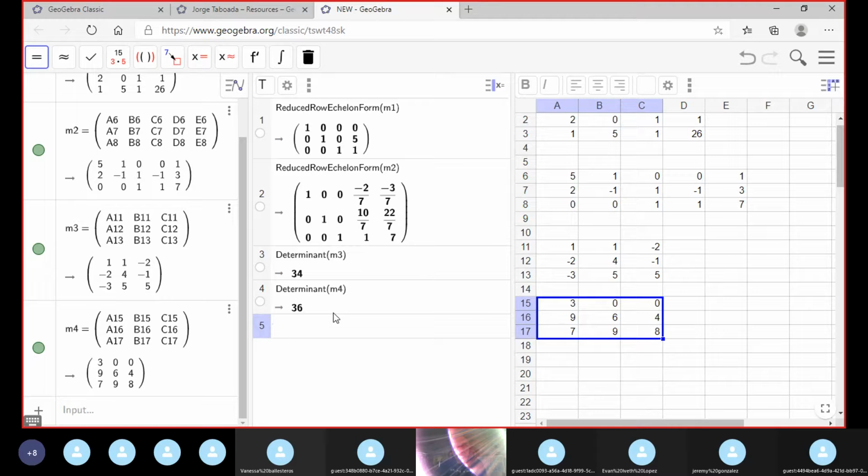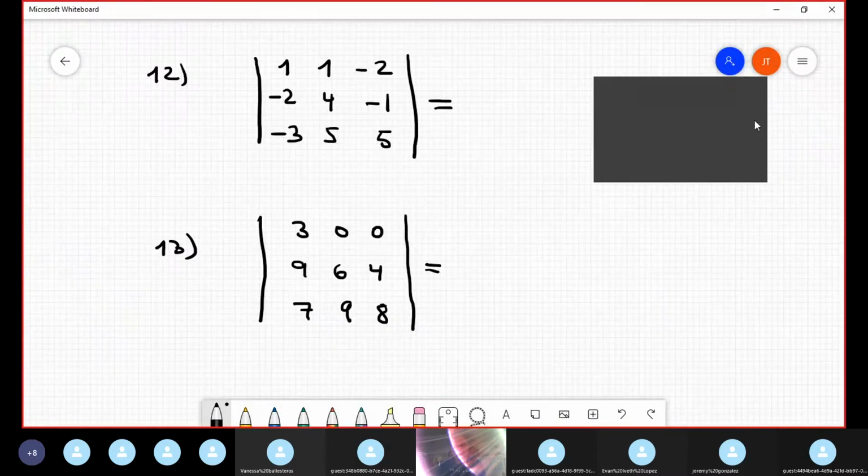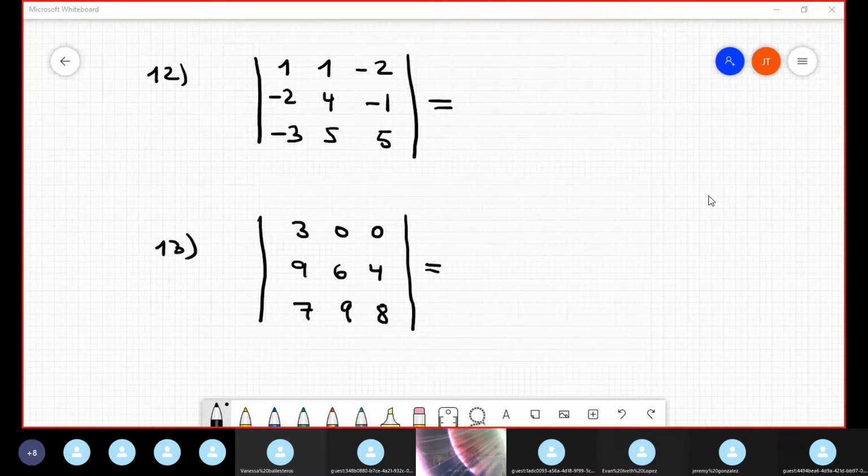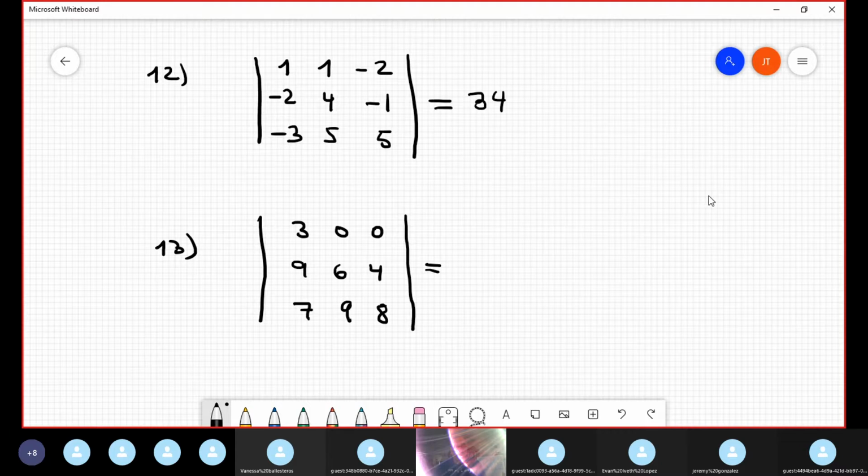So the answer, I switch into the whiteboard now. Look at that. We don't see the whiteboard yet. Oh, yeah, there it is. You see it now. I have some delay to switch from one screen to another screen. The answer was 34, no? 34, and the answer was 36. They were both negative, sir. Say again?